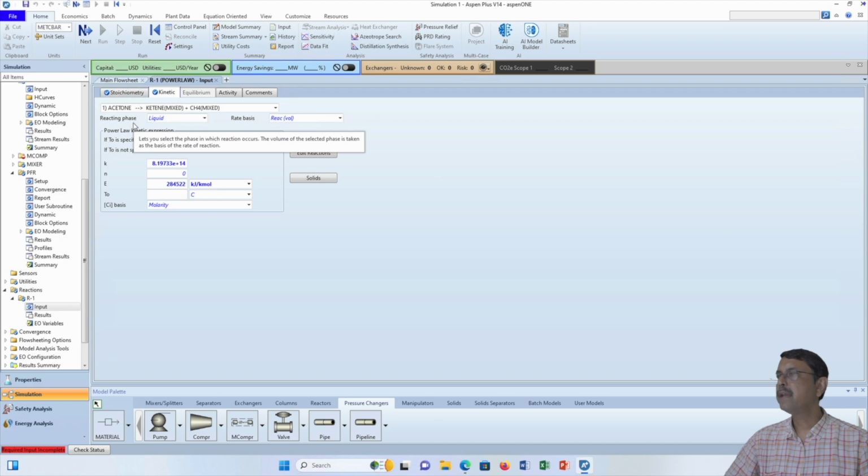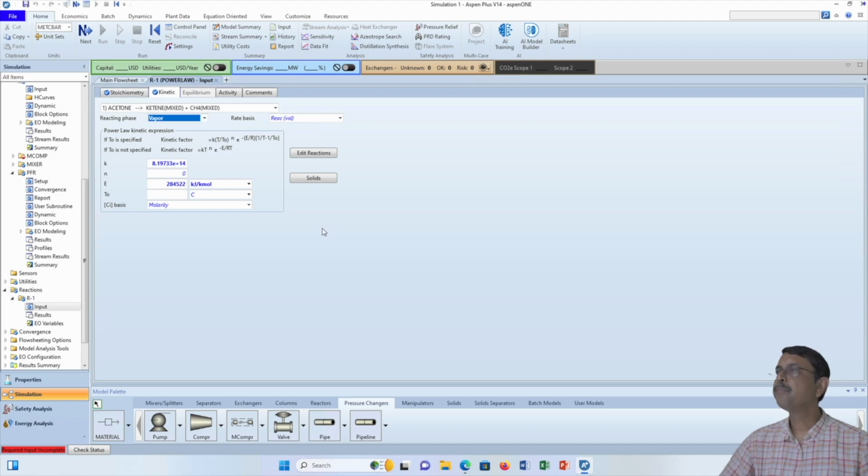And reacting phase, actually this is very high temperature, 1035 Kelvin. So it will be in vapor phase. It cannot be liquid phase at all. Okay, so that's how we specify the PFR.